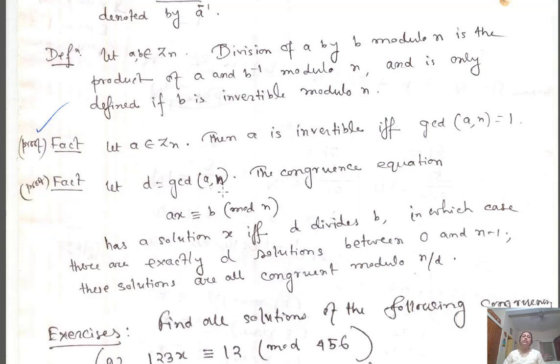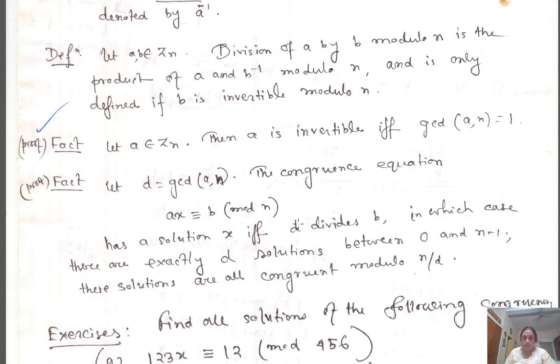We are going to show this: how to solve a linear congruence, a linear congruence equation in x, and how many solutions it will have. We are going to prove these things, and this result we will use in designing many crypto systems.